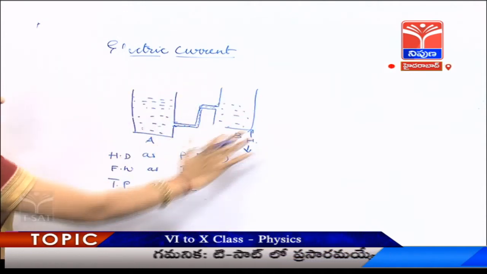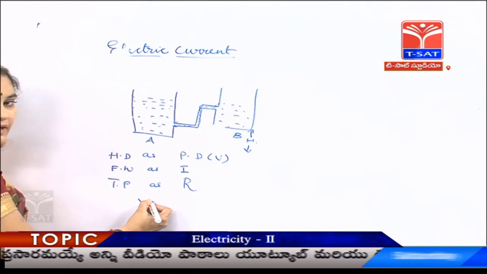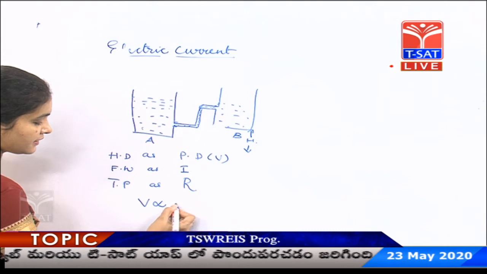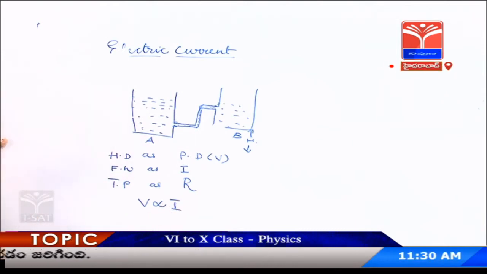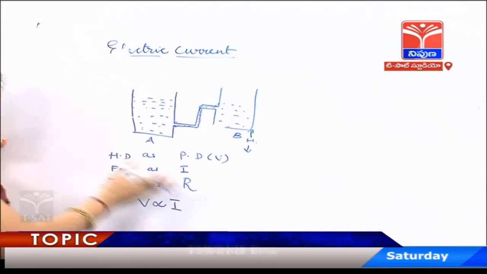Children, from this example we can say that when the potential difference across the conductor increases, the flow of current also increases. It means V is directly proportional to I. Here V is the potential difference and I is the current.